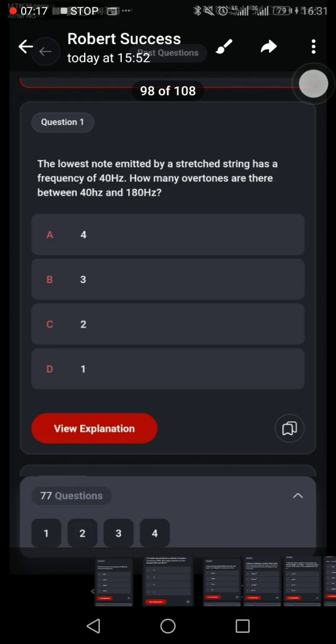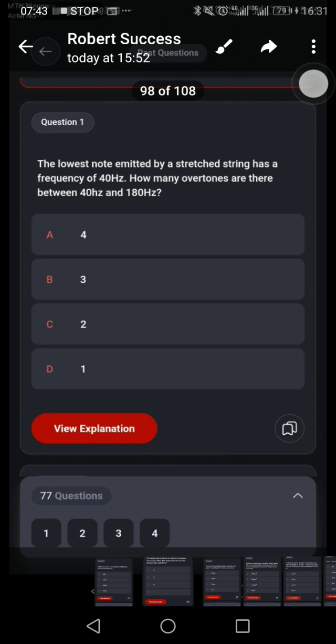These overtones will be whole number multiples of the fundamental. For a closed pipe there would just be odd multiples, but since it's a string, it's every whole number starting from 2. So you will have 2 times 40, 3 times 40, 4 times 40, like that. Do you understand?